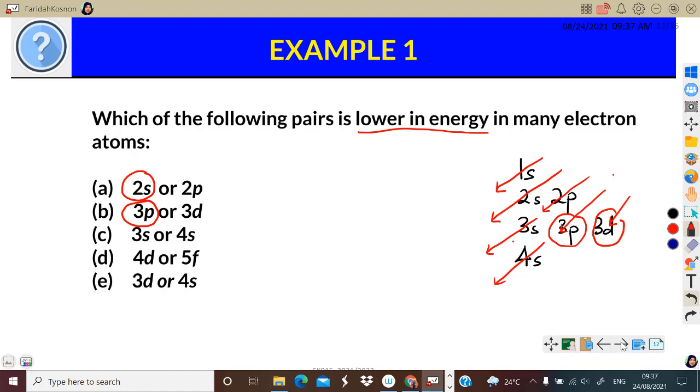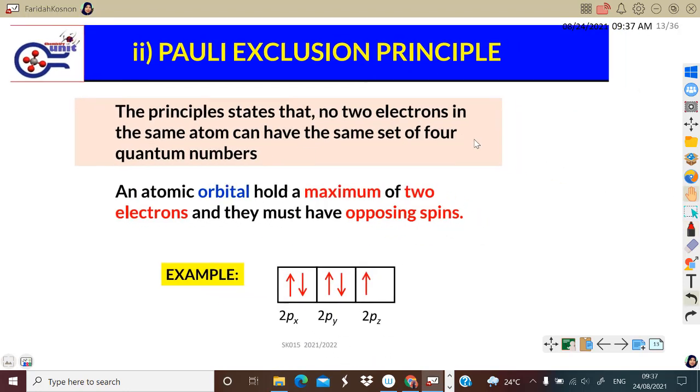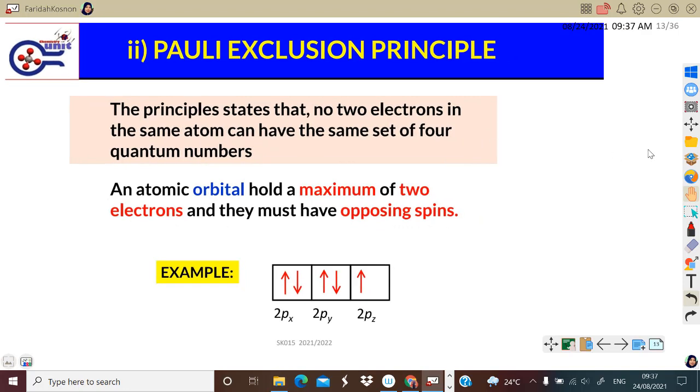Okay, next. Pauli exclusion principle. Now for Pauli exclusion principle, this principle states that no 2 electrons in the same atom can have the same set of 4 quantum numbers.